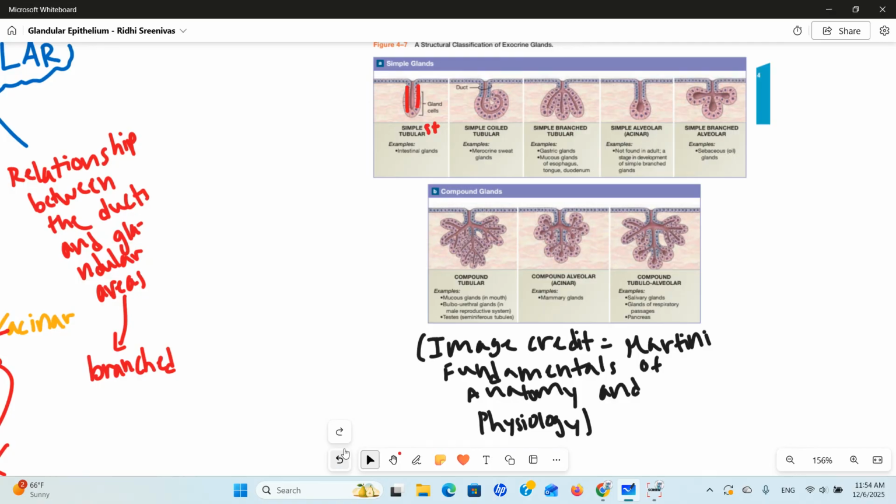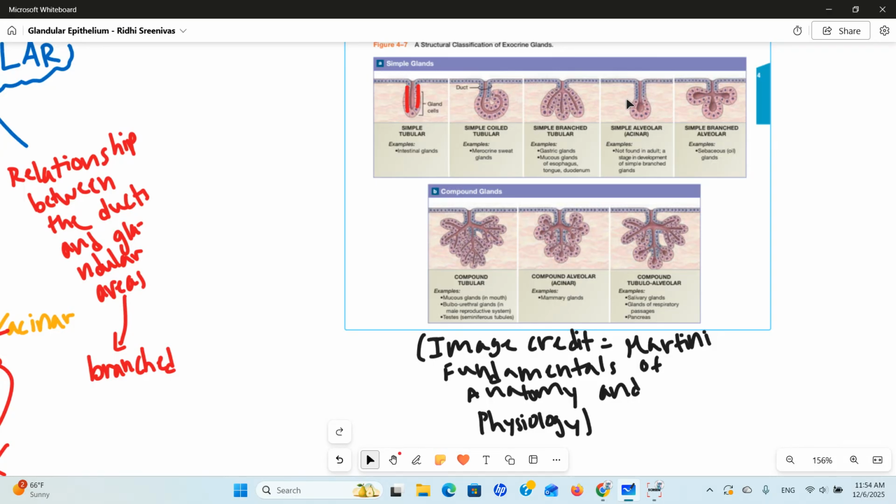But if it's coiled, you would have to say it is coiled because it's not assumed initially. So simple coiled tubular, and then simple branched tubular. What that is, is having multiple branchings coming out. There are multiple areas that share the same duct, branched in tubular shape, but still coming from a single duct up here.